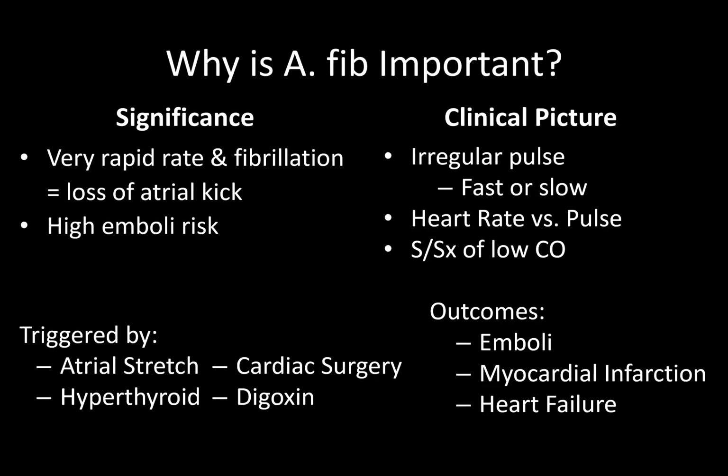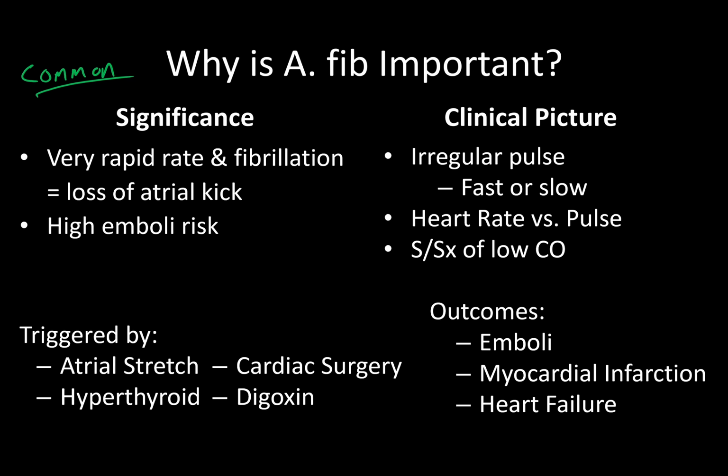So what's so important about AFib? Why are we looking at this? Well, number one, it is common. We see it all the time. In fact, you are more likely to go into AFib the longer you live. There's some specific formulas for that, but it kind of boils down to the idea that by the time you're 90 years old, you're almost 100% likely to have AFib.